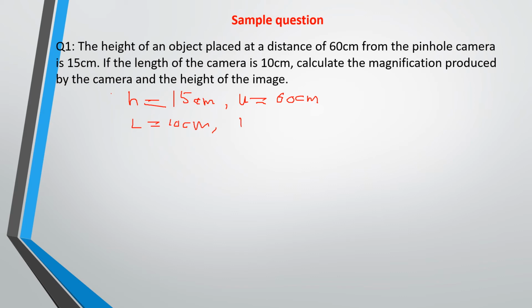So calculate M, magnification, and then the height of the image, capital H, that's what they say we should look for. So from the equations for magnification, we had that magnification is equal to length of camera over object distance from the screen.